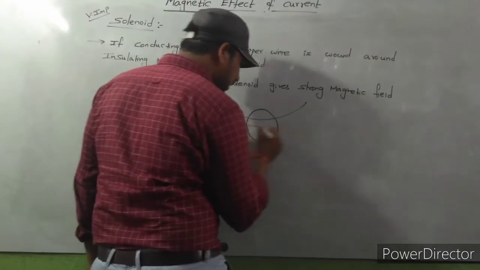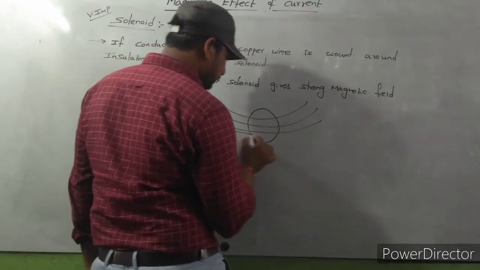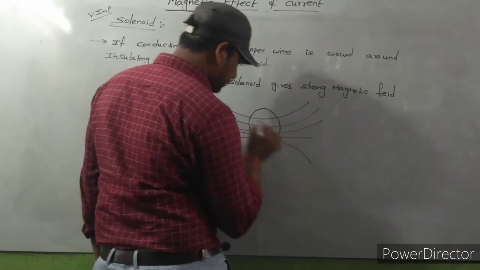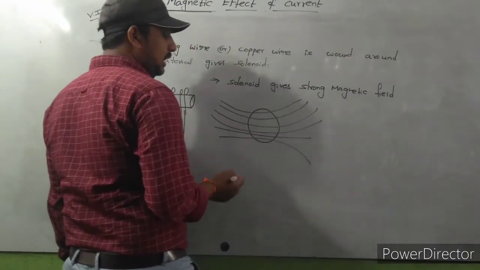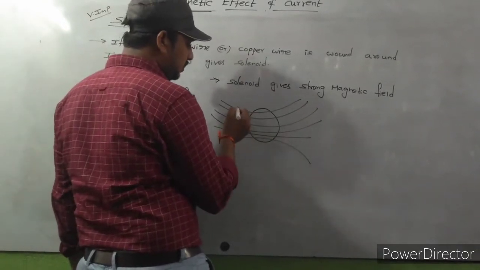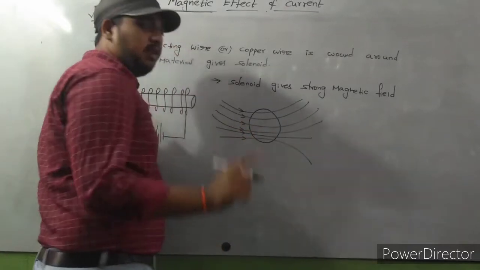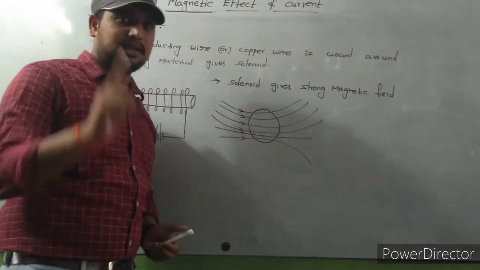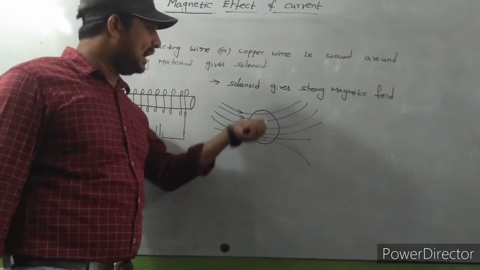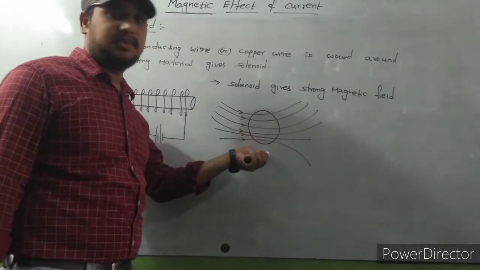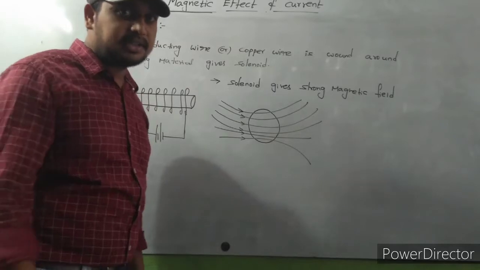So magnetic field lines are moving like this. Observe carefully here. If I consider one turn, inside the loop the magnetic field lines are closer, and outside of the loop the magnetic field lines are moving away. Am I right?